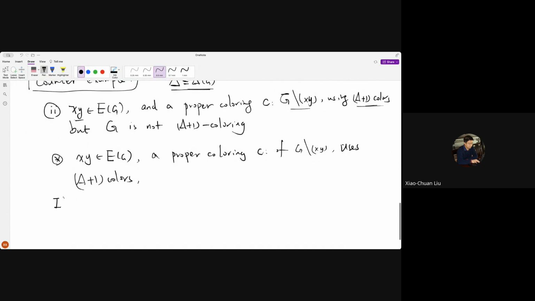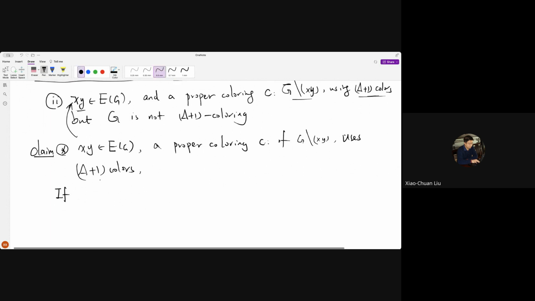So this is a long claim. Let's put a claim start. For this edge xy, I take it out, and I will study the graph G minus xy. I will draw a lot of pictures. So I look at this graph G, take out the edge xy.